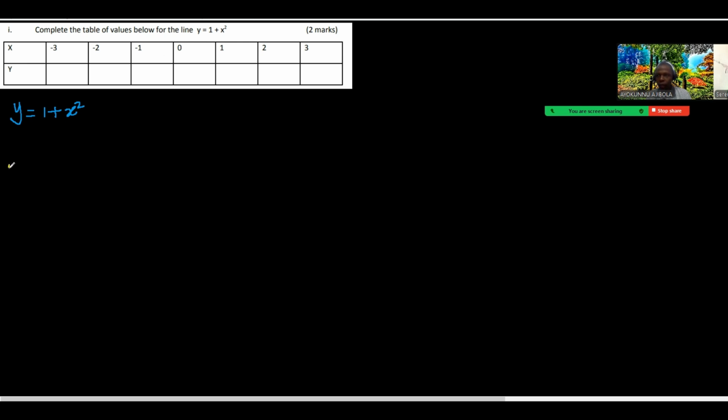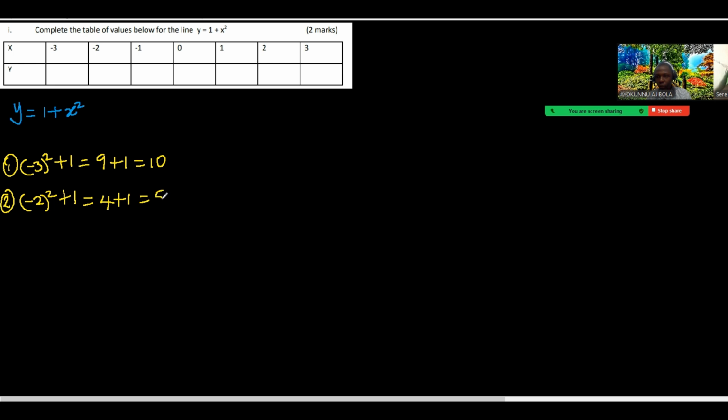Now for the first value of y, we're going to square x. What is x? -3. So -3 squared plus 1. And that's going to give us -3 times -3, that is +9 plus 1. And this gives me 10, okay? For the second value of y, what do I do? -2 all squared plus 1. So -2 squared is +4 plus 1.